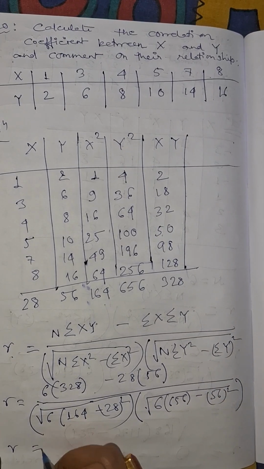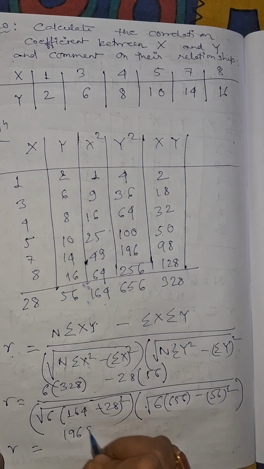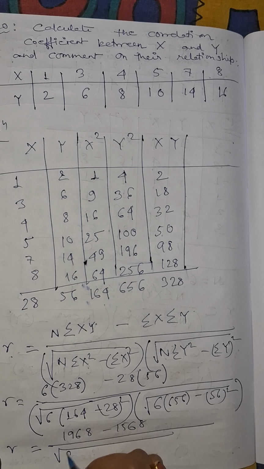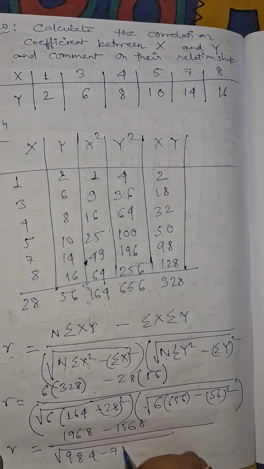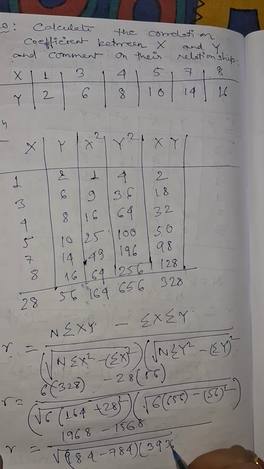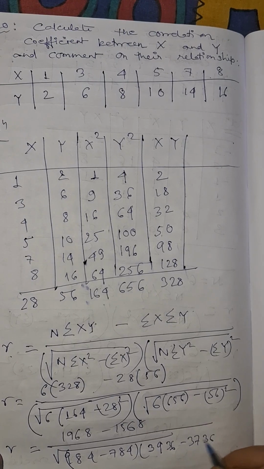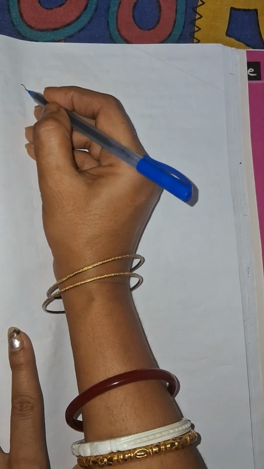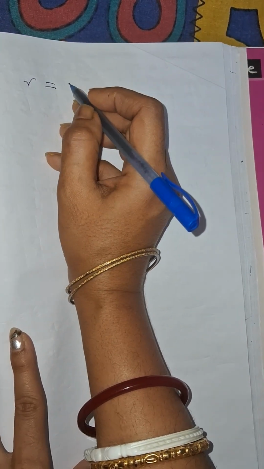Okay, so we solve it out and we find out that it is 1968 minus 1568 divided by root over of 984 minus 784 into 3936 minus 3736. So we continue it, we subtract and we get the values.